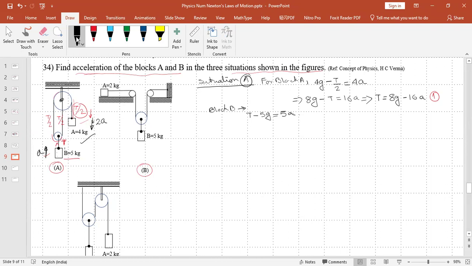From here we find T is equal to 5 times acceleration plus 5g.